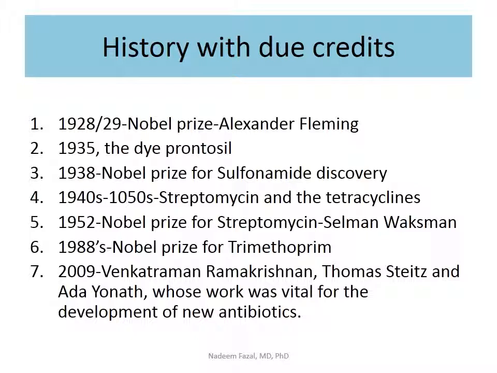And the very good thing he did, as most researchers would, is that instead of cursing the student or saying bad things about the student, he thought of a good thing. He observed that wherever those fungi were growing, there was an absence of growth of bacteria. So he saw halos around those bacterial plates. It just struck him that maybe fungi are releasing something which has an antibiotic action.